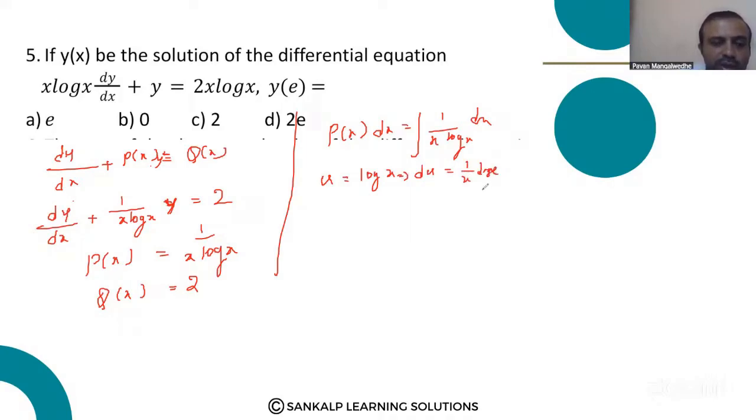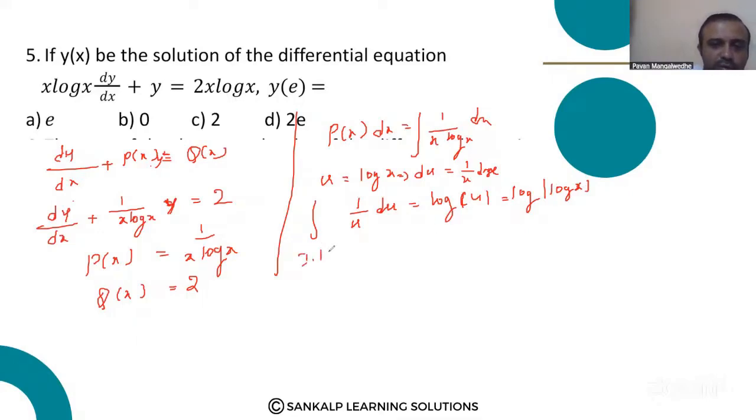Which is the integration of 1 by u du, which is equal to log of mod of u. Mod of u is what? It is log of x, because u is equal to log x. Already you wrote, so it is log of mod of log x.